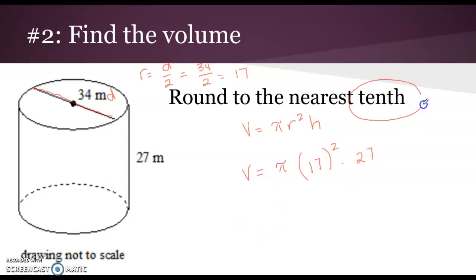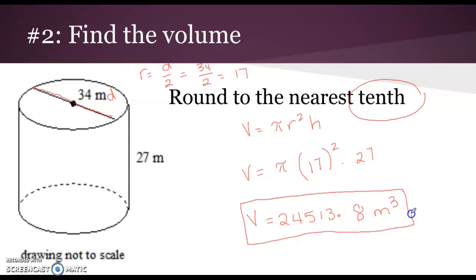Again, we're rounding to the nearest tenth. So volume equals, I'm going to go ahead in my calculator and enter pi times 17 squared times 27, which will give me 24,513.8 meters cubed. Don't forget your units.